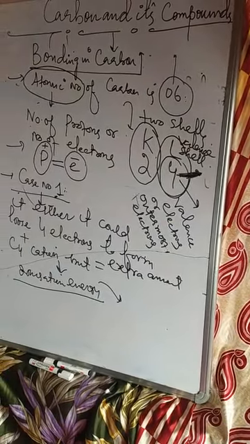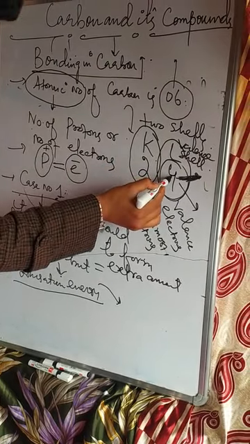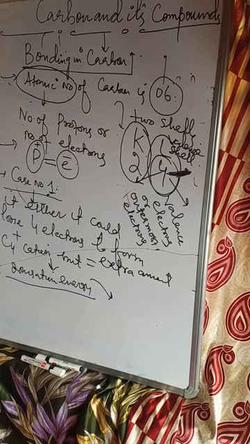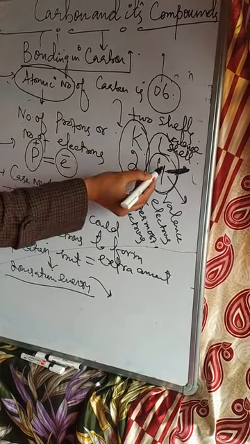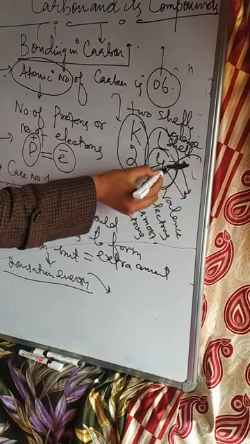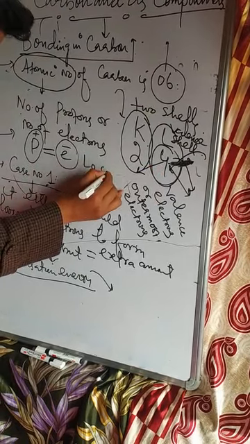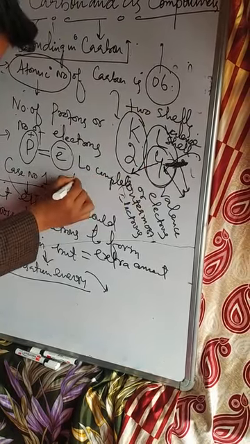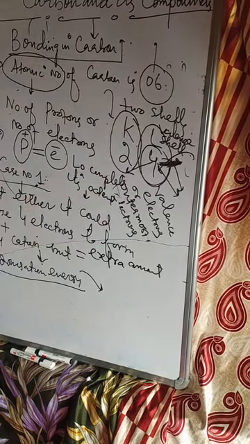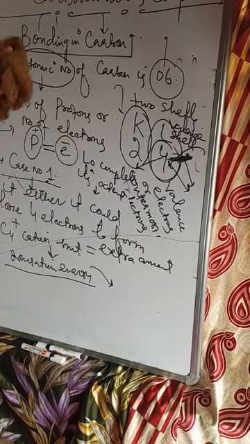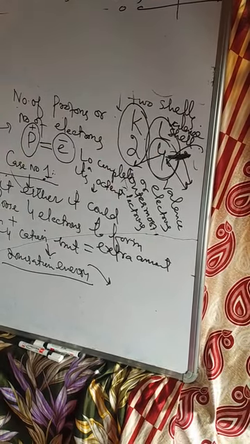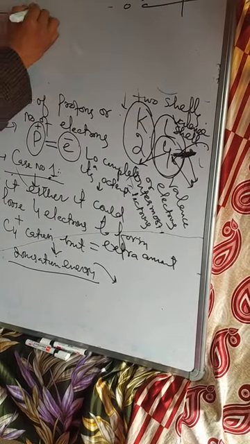So in the first case, carbon is having 4 electrons in its last shell. Now the question arises, there are 2 possibilities as far as carbon is concerned. Either it has to gain 4 electrons or it has to lose 4 electrons to complete its octet. Octet means to follow the octet rule. We have discussed the octet rule.